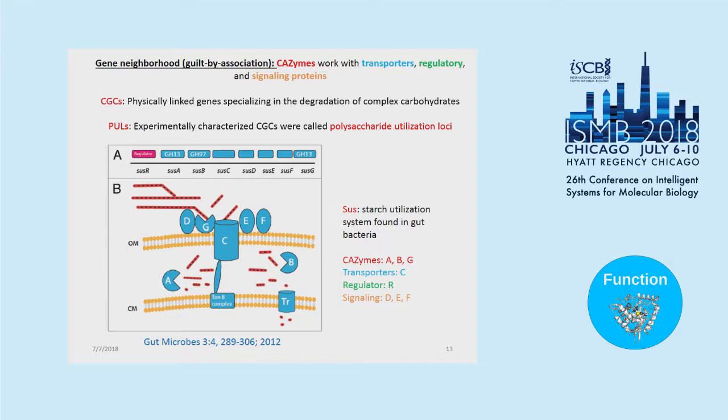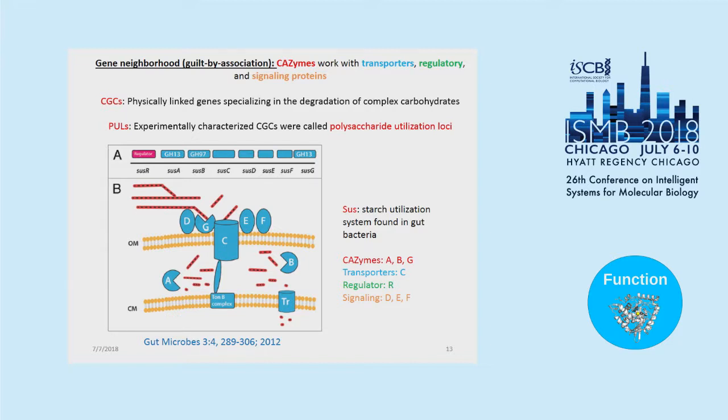And if we look at the protein products, DEF are actually signaling proteins. They're used to bind different starch polysaccharides, and G is the GH enzyme, that's the CAZyme, to cut long polymer into oligomers, and C encodes a transporter, sending those oligomers into the periplasm space.